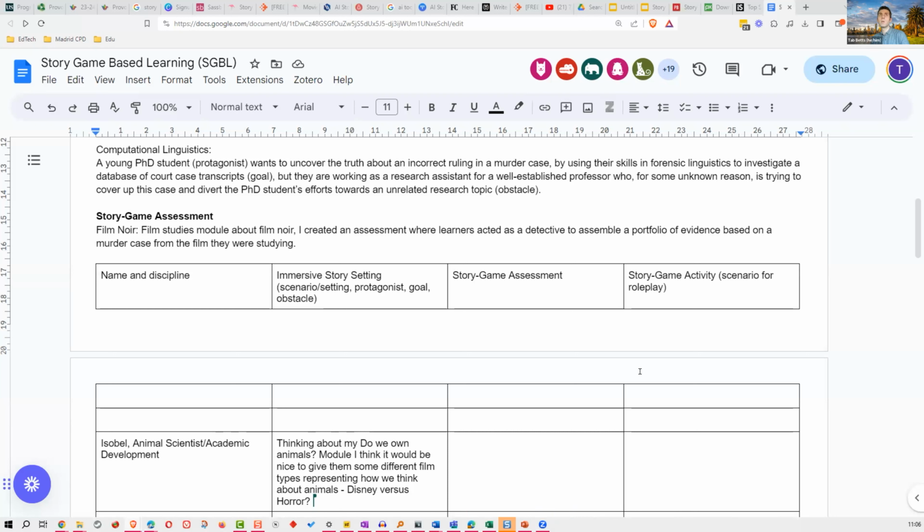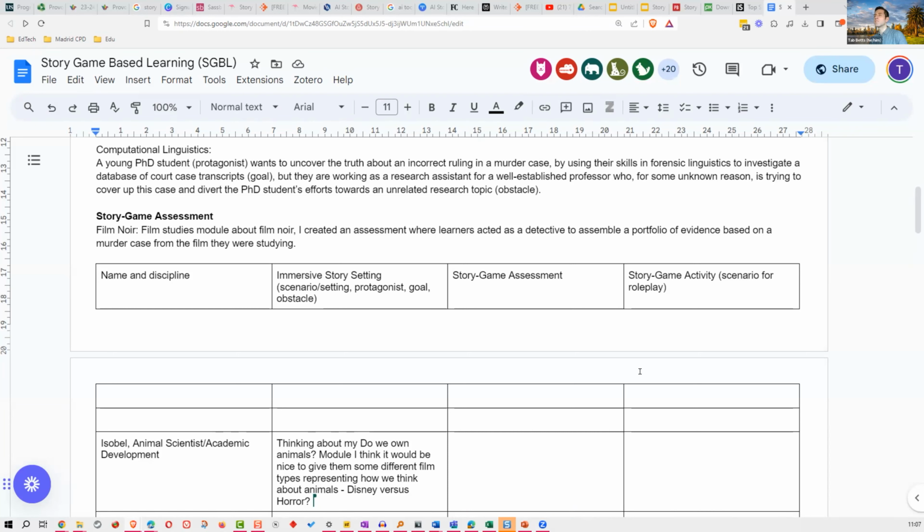So, for example, I teach a module about higher education teaching, and for an immersive story setting, I might come up with a dystopian future where education has been banned. All higher education has been banned. All reading and books have been banned.